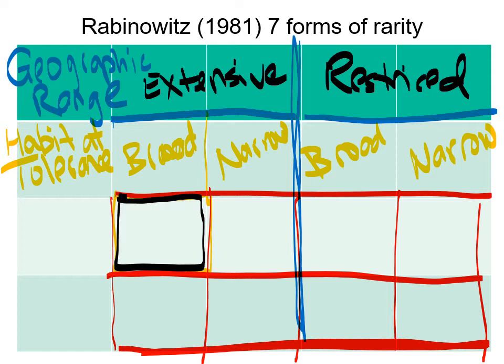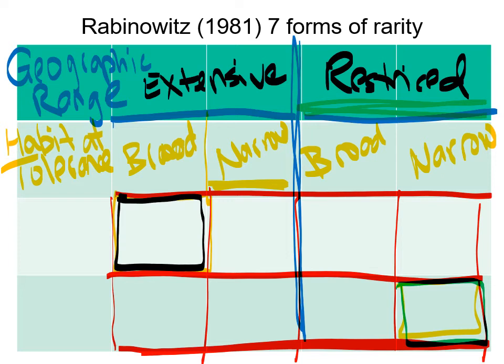You either are limited by your habitats so that you're going to be in the narrow category, or you're going to be restricted geographically on the right side of the graph. And then obviously the ones that you find the least are going to be restricted geographically, and they're going to be in a very narrow range of habitats.